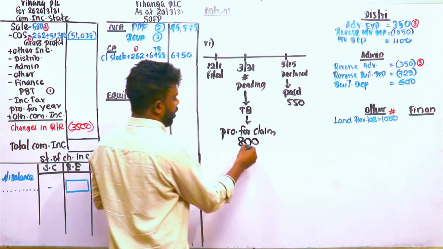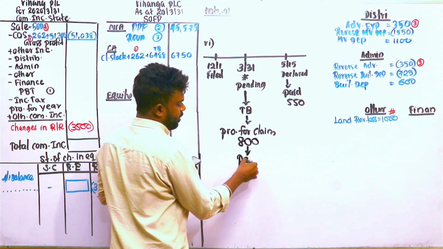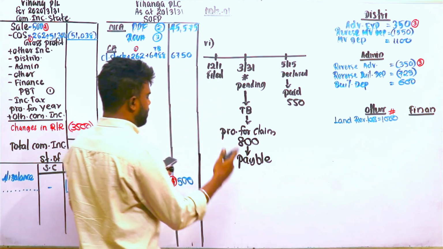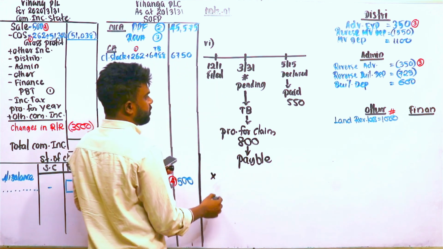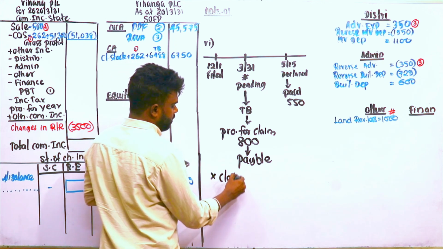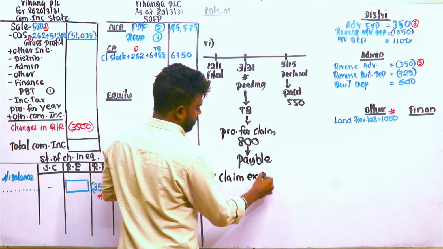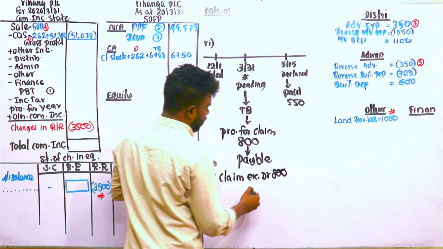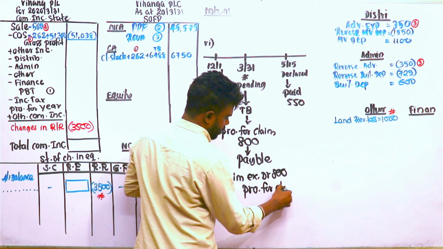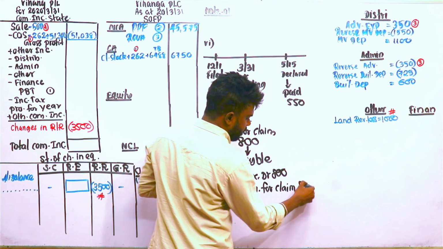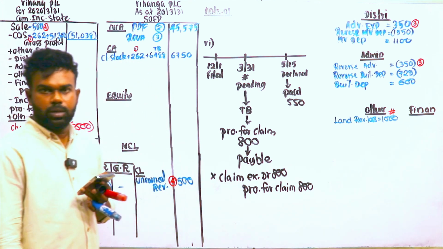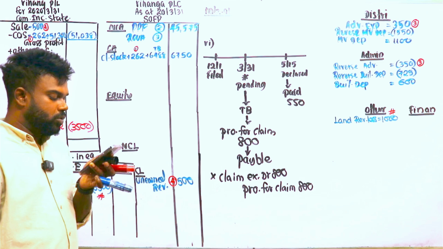Which means they recorded it as payable, 800. So they recorded the double entry: claim expense debit 800, and provision for claim credit 800. This double entry was already recorded. Understand? Right.